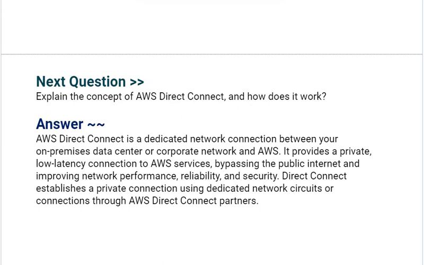It provides a private, low-latency connection to AWS services, bypassing the public internet and improving network performance, reliability, and security. Direct Connect establishes a private connection using dedicated network circuits or connections through AWS Direct Connect partners.